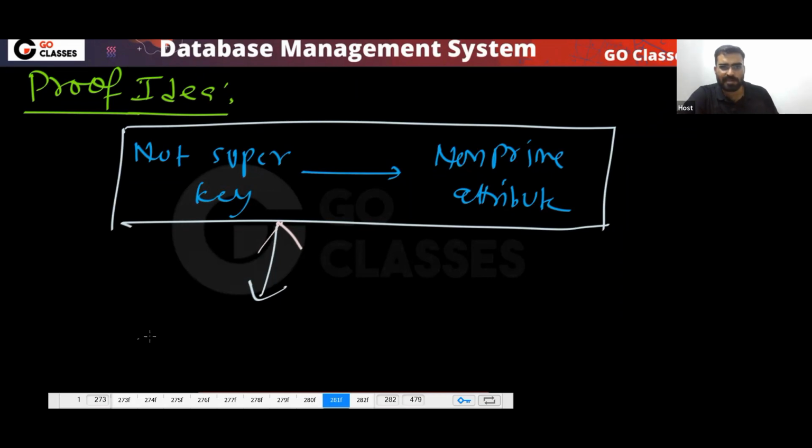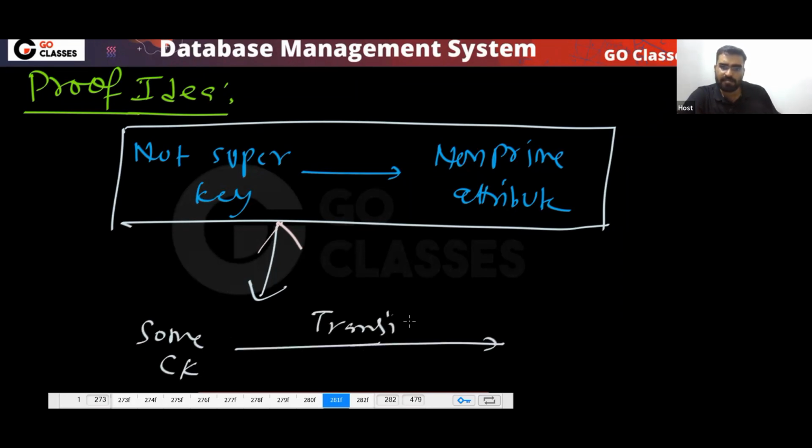So basically, some candidate key transitively determines some non-prime attribute.